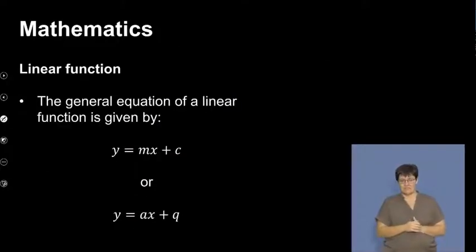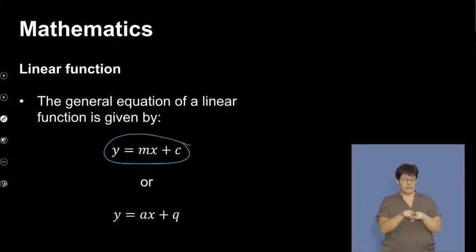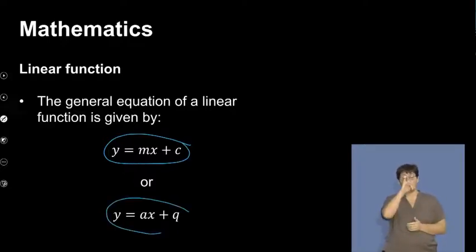Now, remember the linear function, the general equation is given by y equals mx plus c, or y equals ax plus q. It really means one and the same thing, just that some textbooks use m and c, some use a and q.